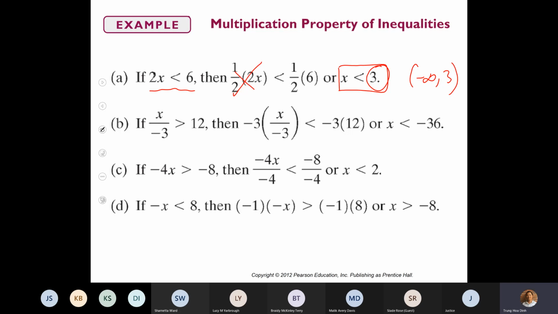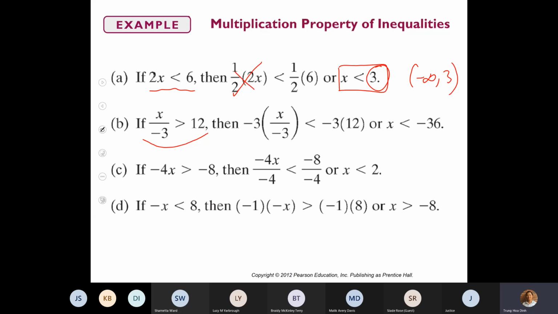With the second one, x over negative 3 greater than 12. All right, you want to eliminate negative 3. Now you have a negative number. So the easiest way is just to multiply both sides by negative 3, right? But when you multiply both sides by a negative number, the inequality will be reversed.